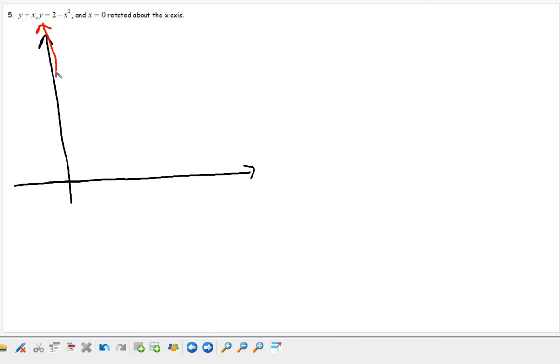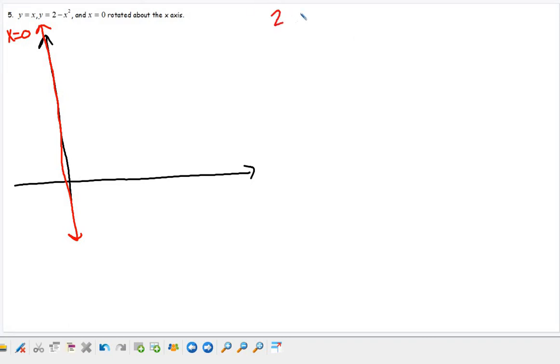So we know it has to be bound right here. I know it's in the first quadrant, because the linear will be in the first quadrant, and the other one will be in the first and the fourth. But we're looking at the first quadrant again. So it may be useful to know where those two functions intersect to get an idea of what your graph is going to look like.